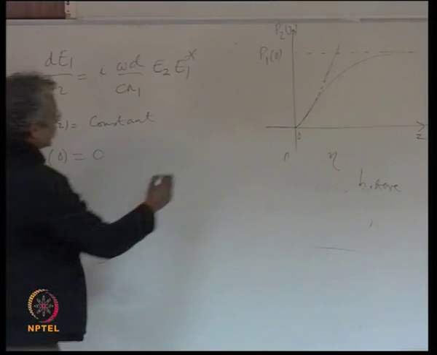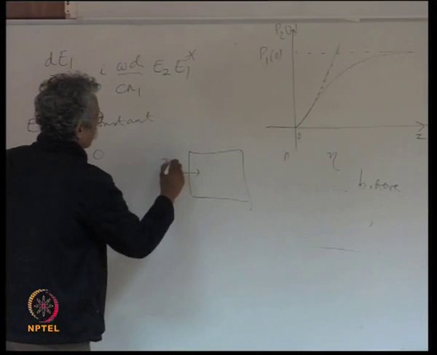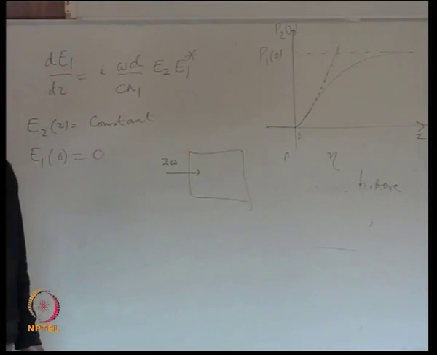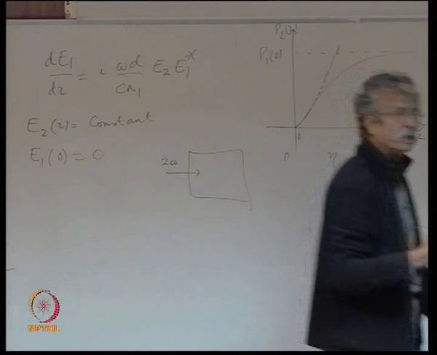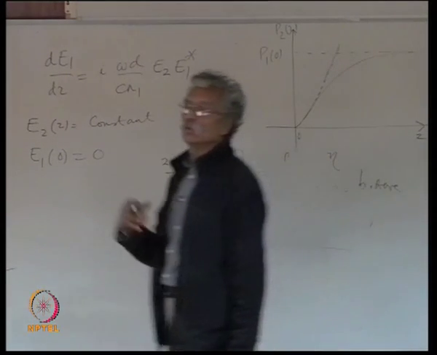That means I have at the input of the crystal a second harmonic with a certain electric field amplitude E2 and no incidence of any fundamental wave. There is no omega incident, there is only 2 omega incident. In the first case, there was only omega incident, there was no 2 omega incident. I generated 2 omega from omega. Now I'm trying to generate omega from 2 omega by launching only 2 omega.